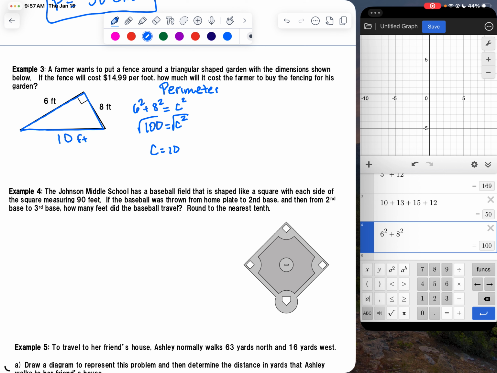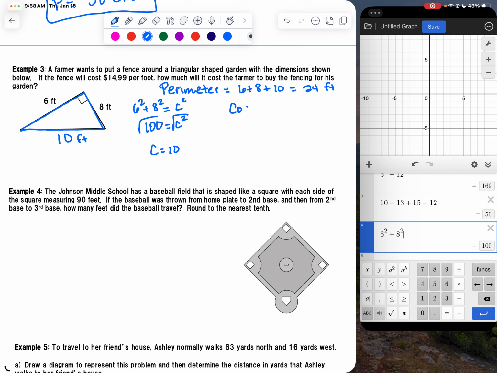So now we're going to get our perimeter by adding up all 3 sides. And that would be what, 24 feet? And we know that each foot is $14.99.